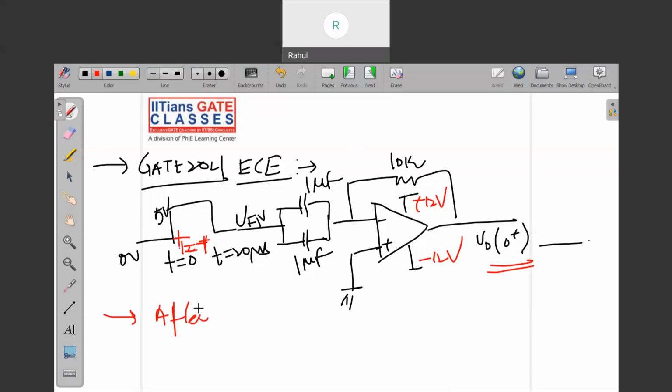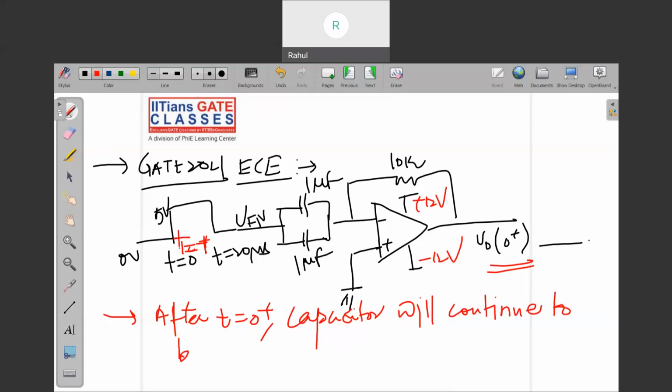After t equal to 0 plus, the capacitor will continue to behave like a short circuit. So what will happen? This potential will be higher than this potential, right?